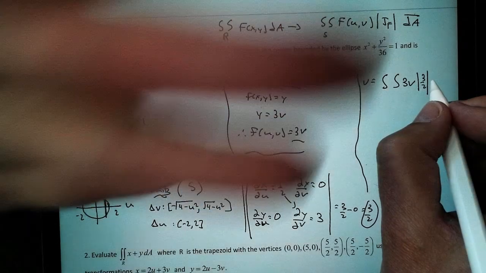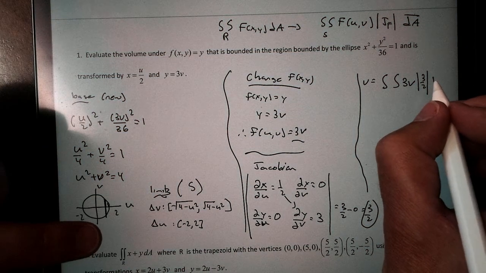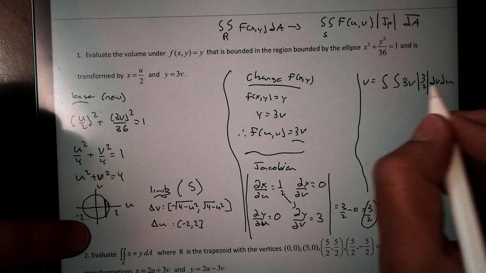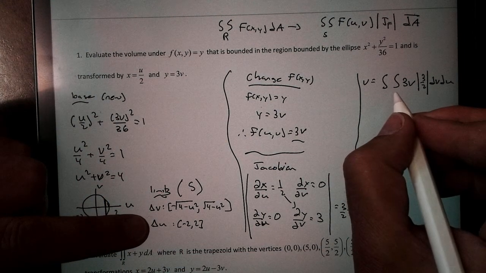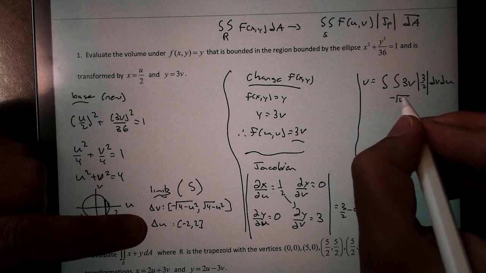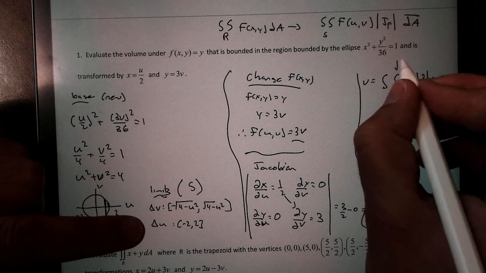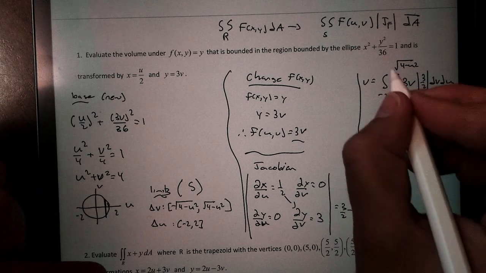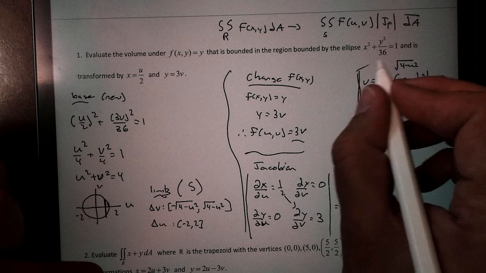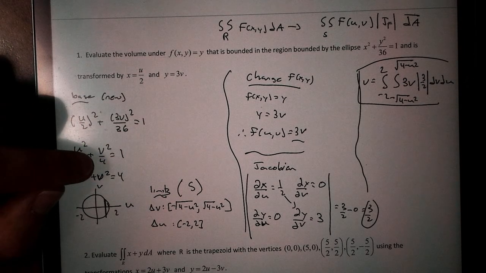Now remember, I'm going to go v and then u, so dv du. And now my change in v, we said, was the negative square root of 4 minus u squared to the positive square root of 4 minus u squared. And my u goes from -2 to 2. And there's our integral to solve for that volume.